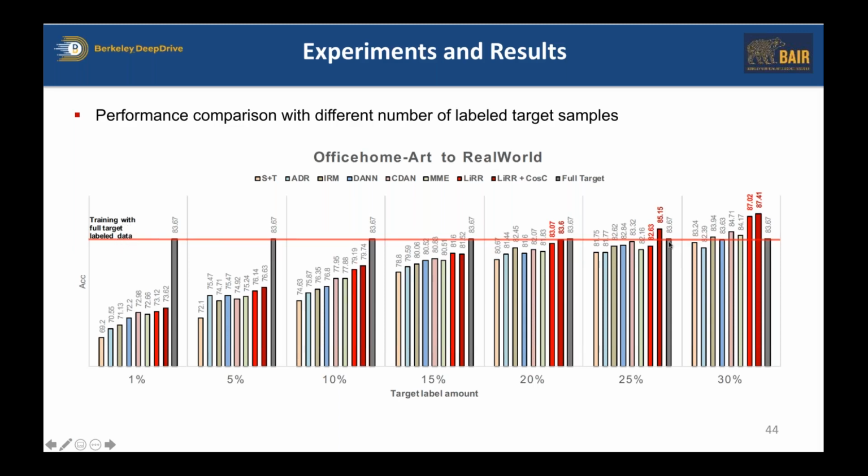This is very interesting because if you train a model with fully labeled target data, you can achieve some performance, 83.67. But if you use our method and you just use 25% labeled target data, you can achieve even higher accuracy, like around 85%. So this can save a lot of labels on your target data.